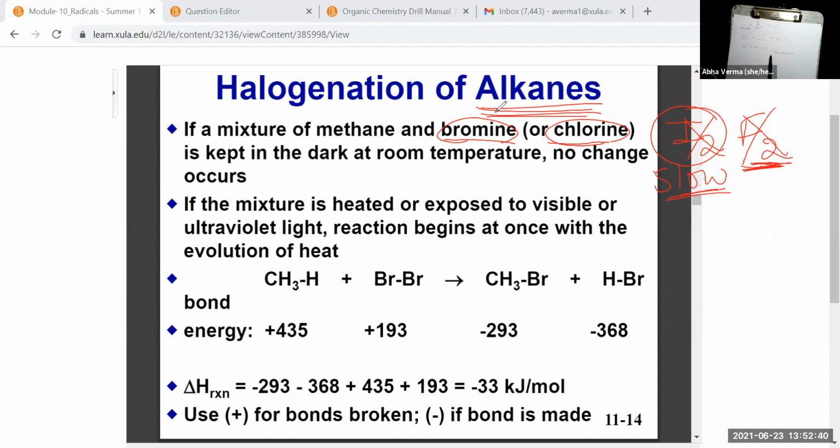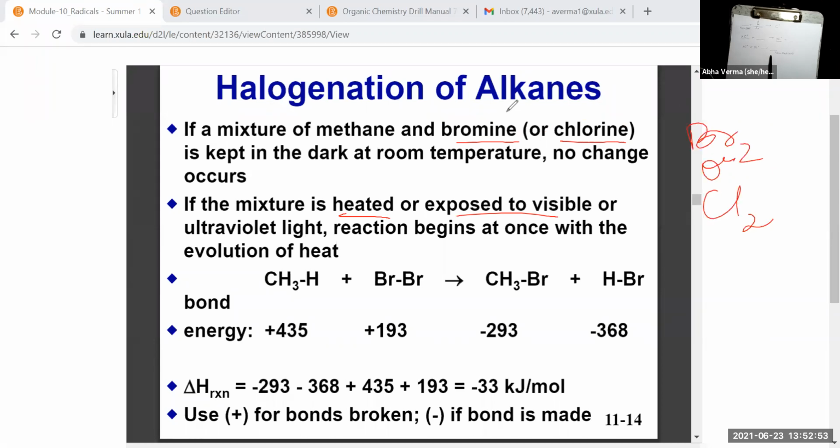Whenever your alkane is heated or exposed to visible light in the presence of bromine or chlorine, in their diatomic forms, the radical reactions will start to take place.